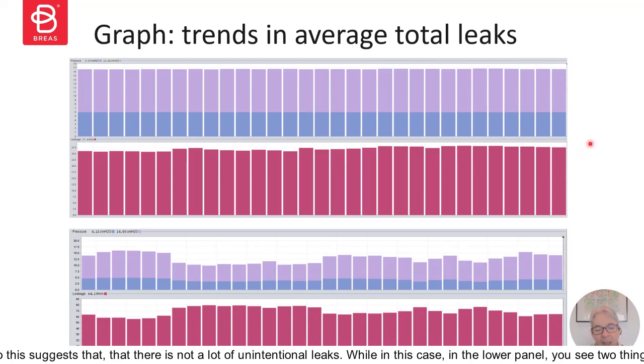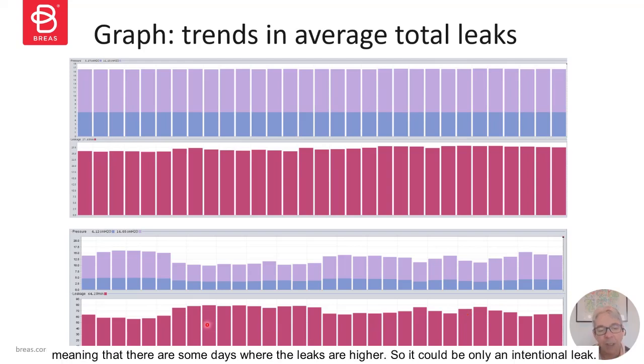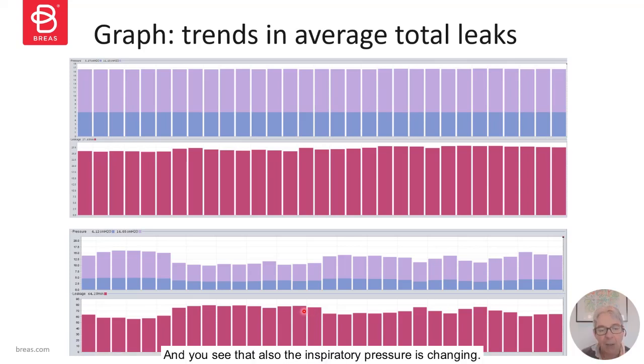While in this case, in the lower panel, you see two things. You see that the average leak is changing from one day to another, meaning that there are some days where the leaks are higher, so it could be only unintentional leaks. And you see that also the inspiratory pressure is changing.